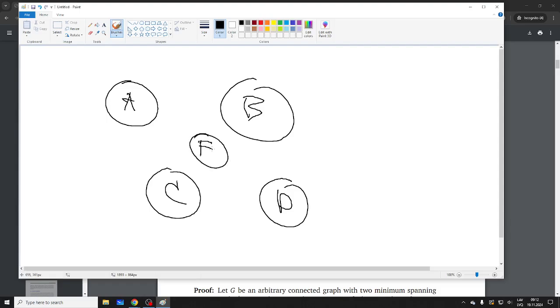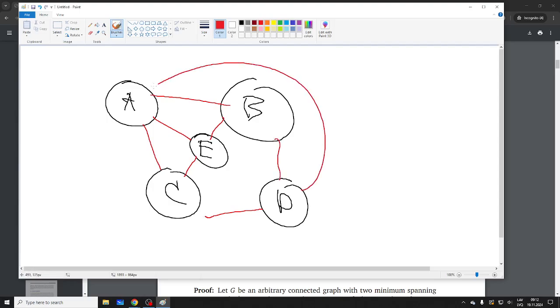Okay, now let's do some connections. Let's assume there's a bunch of these, and we can also do something like this. So we assume the cost is 1, 1, 1, 1, 1, 1, 1, 1, 1, 1.